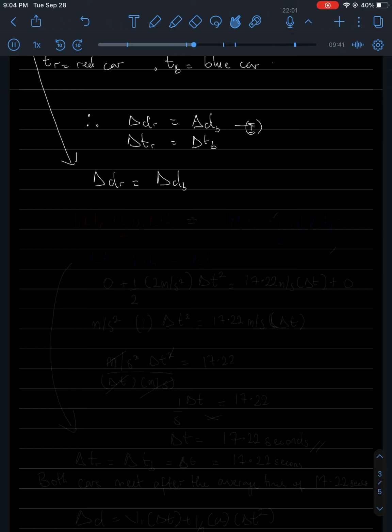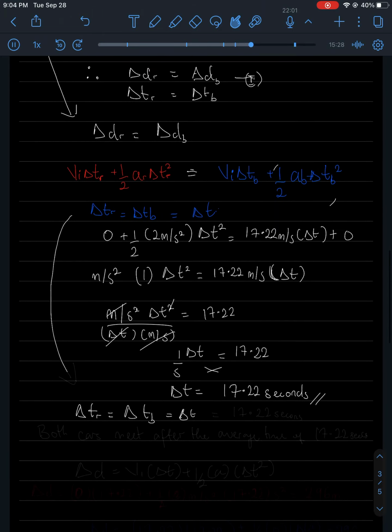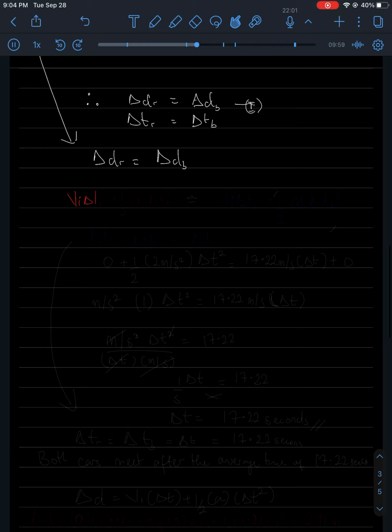So delta d is equal to, for the red car, the initial velocity of the red car times the change in time of the red car, plus 1/2 the acceleration of the red car times delta t of the red car squared.